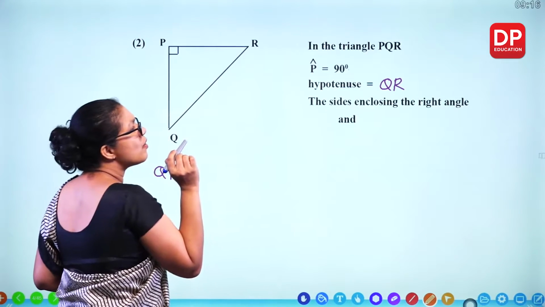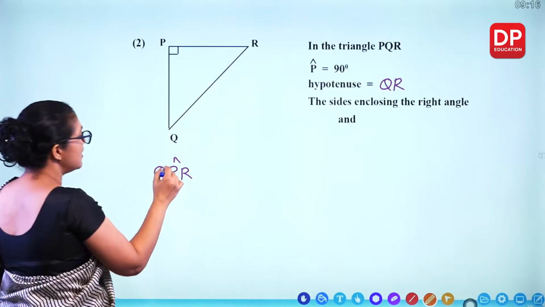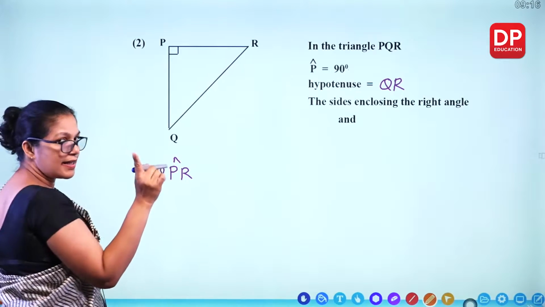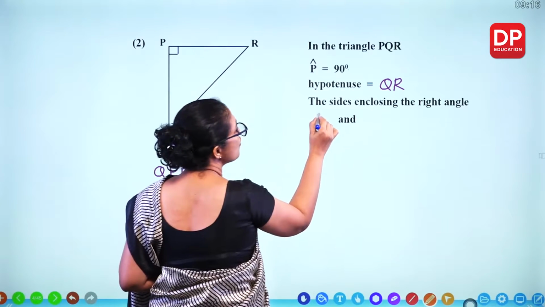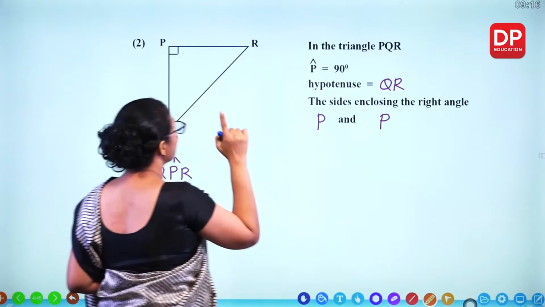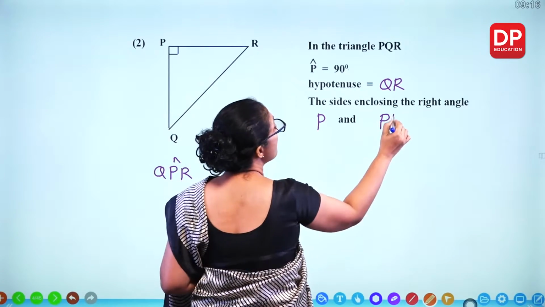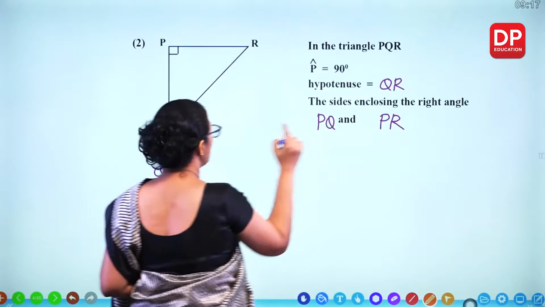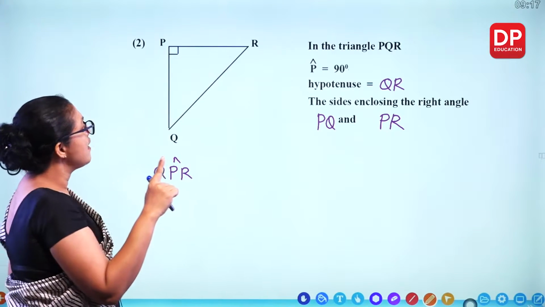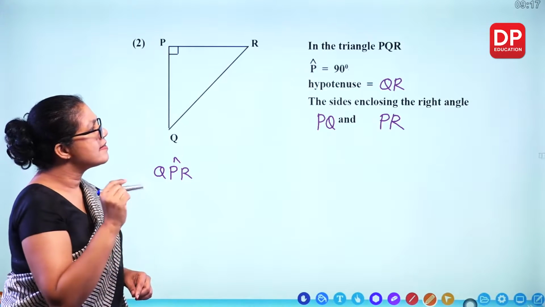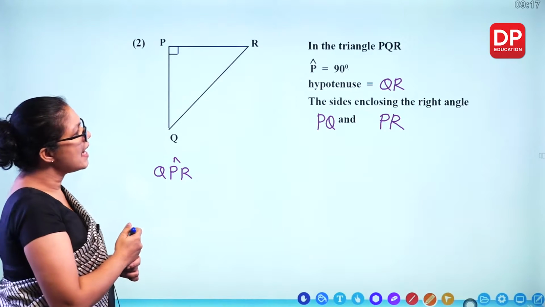The sides enclosing the right angle. So P is the angle. So P should be common. So P is there. So what are the other two letters? PR and PQ. So PQ and PR are the sides enclosing the right angle.